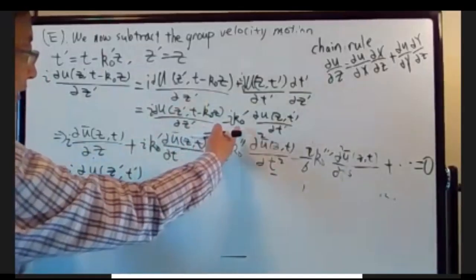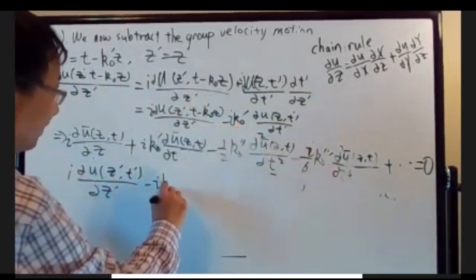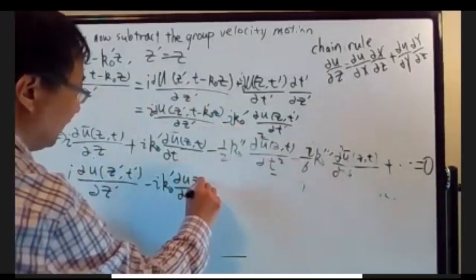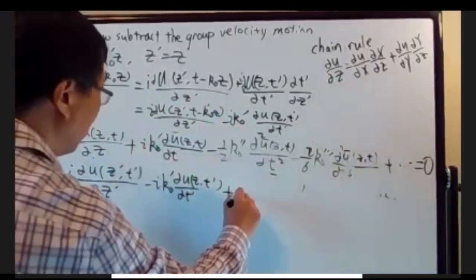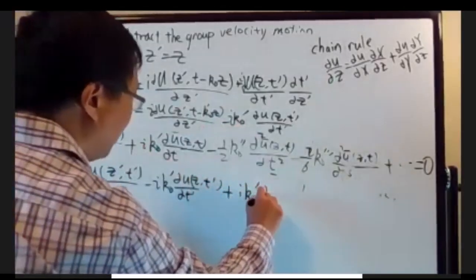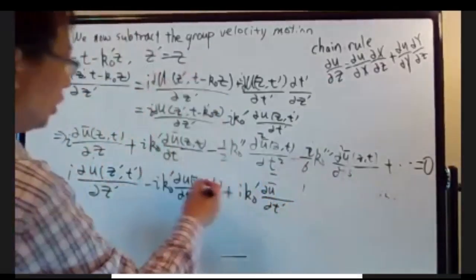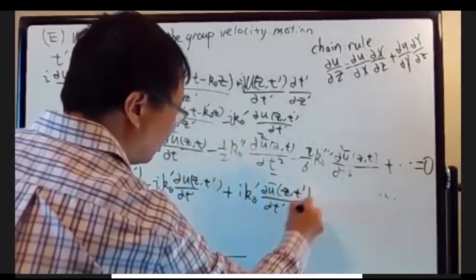And then minus i k, so this will be minus i k naught prime, partial u, partial t prime. And then we add this term plus i k naught prime, partial u bar, partial t prime. So I just shifted the time, t prime, right?